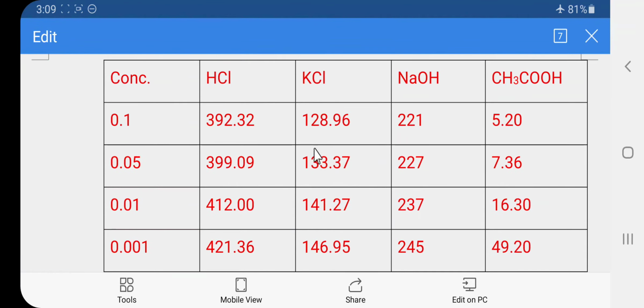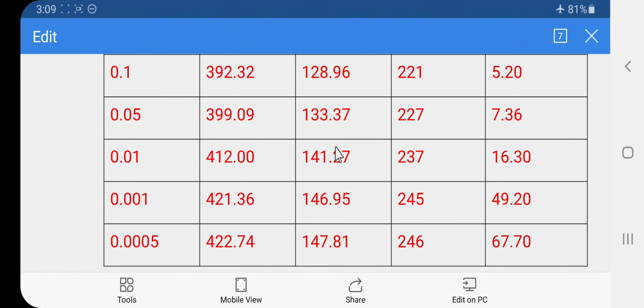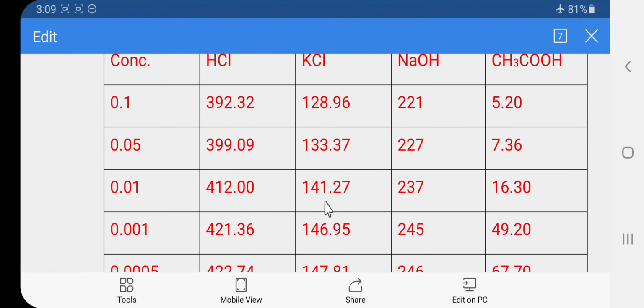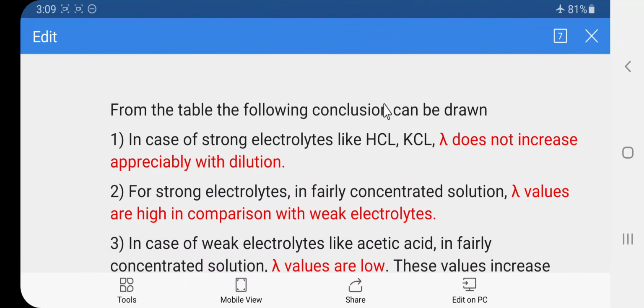Practically all the values are the same. In the case of KCl, it is 128, 133, 141, 146 and 147. That means for all the concentrations, or as we increase the dilution, there is no large change in the equivalence conductance in the case of strong electrolytes such as HCl, KCl and NaOH. So this is the first observation.